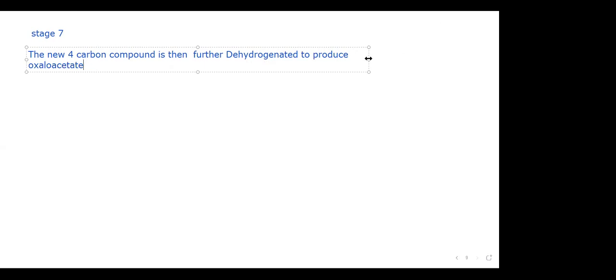Further dehydrogenated, produces what? Oxaloacetate.